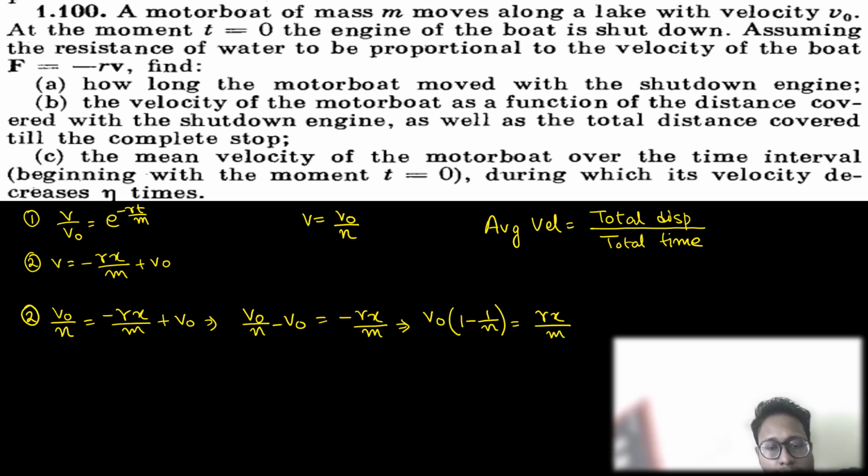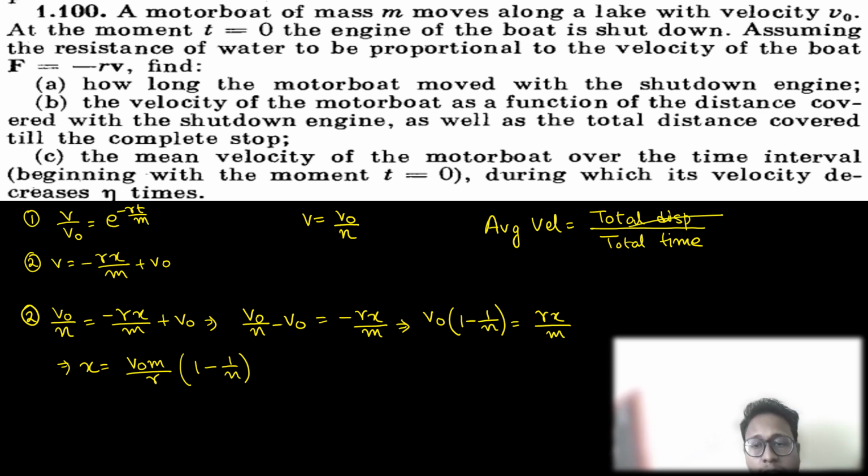I've skipped a step here: I have taken v naught common, which gives 1 by n minus 1, and multiplying by minus 1 on both sides gives 1 minus 1 by n. Understood? So x equals v naught m by r into 1 minus 1 by n.